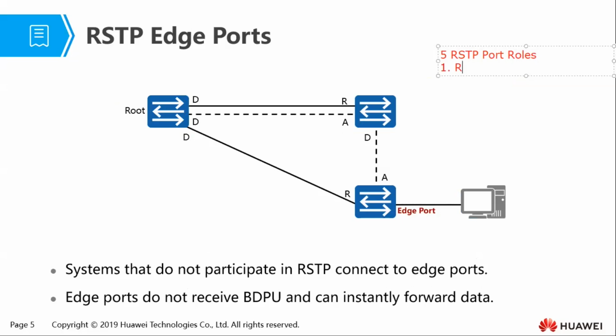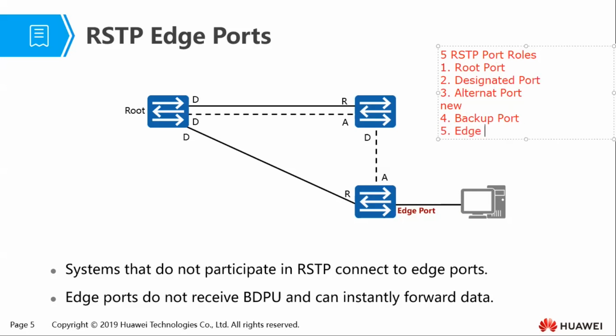I talked of the root port, the designated port, number 3, the alternate port. And now the new ports that were introduced in RSTP are the backup port and what we call the edge port.